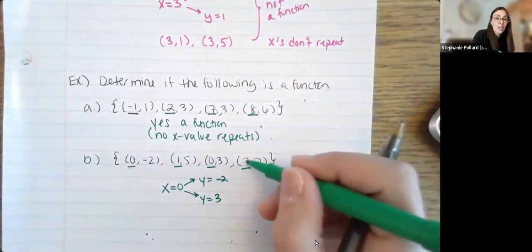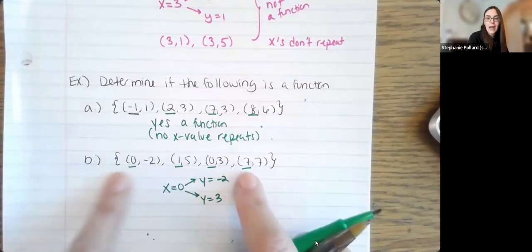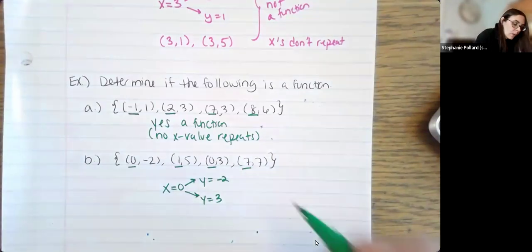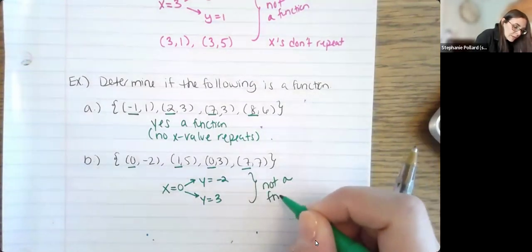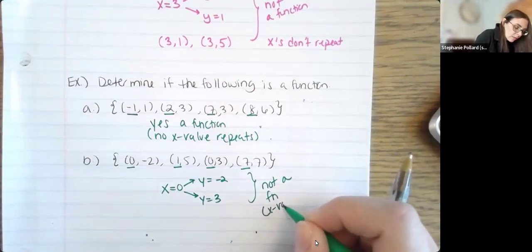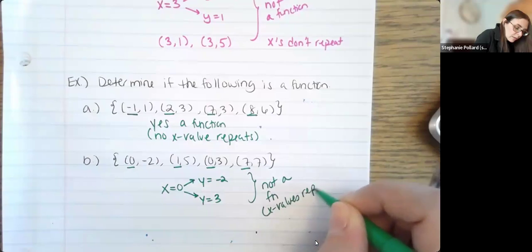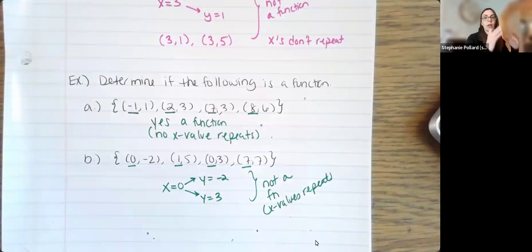The (7, 7) is actually perfectly fine. There's no other 7 for the x value, so the y's don't matter here for the definition. It would just be the x values. So this is not a function. I'm just going to abbreviate function as fn, because your x values repeat and they have different y values with them. That's the key. Not only does the x value repeat, but it goes to different y's. So it just makes things much more complicated.